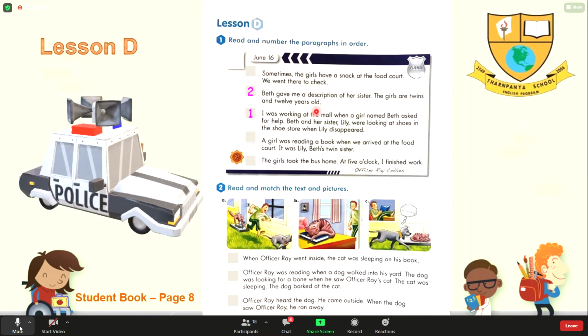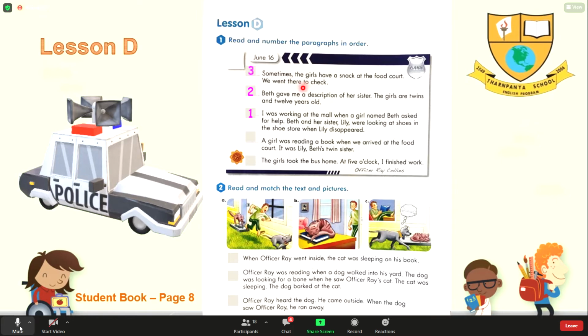Who can tell me now number 3? Paragraph one. Number 3. Which one is number 3? Paragraph one. Okay.